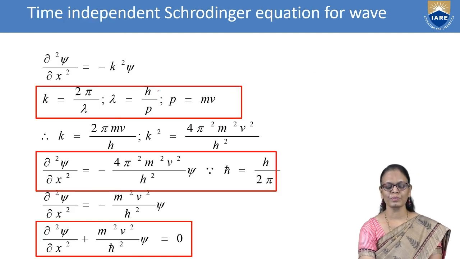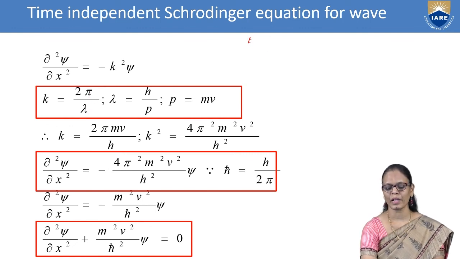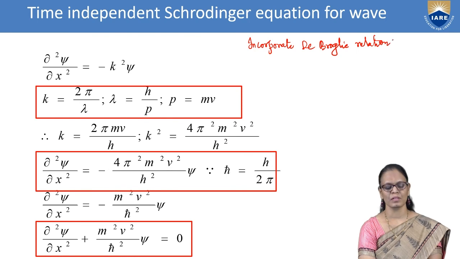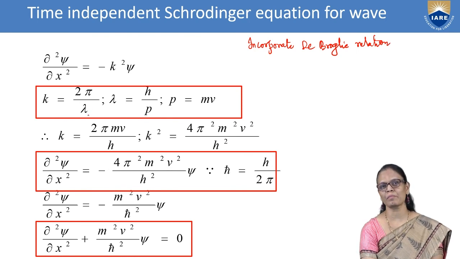Now coming to incorporating the de Broglie hypothesis. So here I said the wave vector k is equal to 2 pi by lambda. So what we are doing here? In the second step, we incorporate the de Broglie hypothesis or de Broglie relation. So k is equal to 2 pi by lambda, and what is lambda?